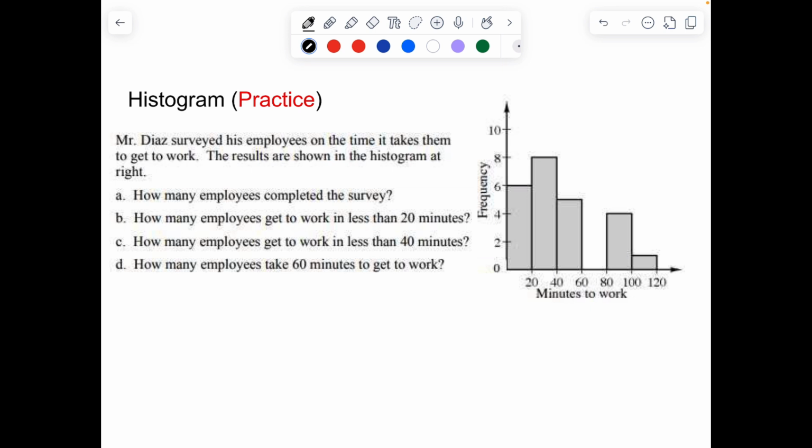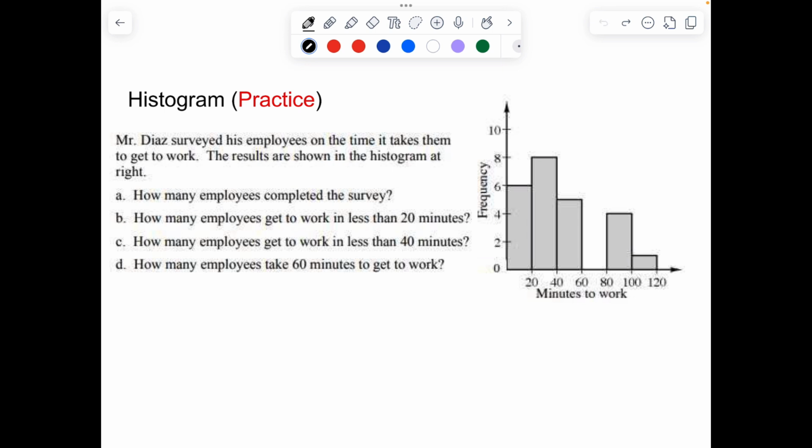Okay, before we get into these problems, I do want to point out that when we're looking at the minutes it takes to get to work, this bar right here is going to be between 0 minutes and 20 minutes, but not including 20 minutes. So technically, you could say it's 19.999. Okay, so it's up to 20 and not including 20.